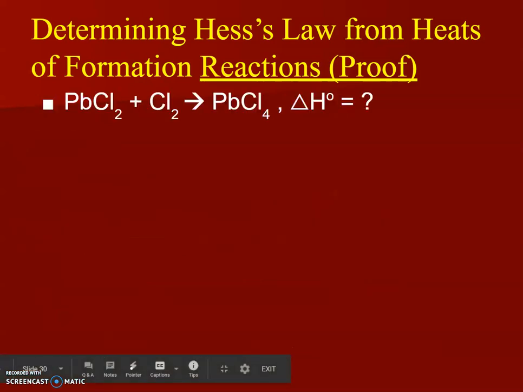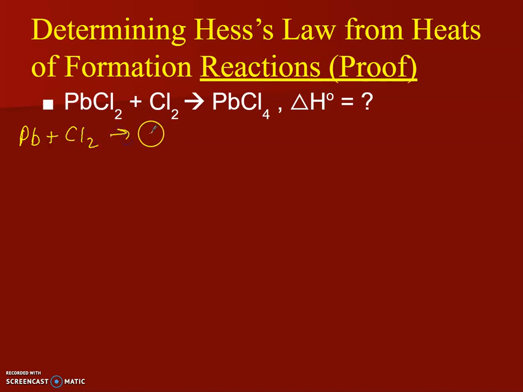All right, so let's do exactly that. PbCl2 and Cl2 make PbCl4. First things first, I'm going to write my heat of formation equation for PbCl2. So that is Pb plus Cl2 makes PbCl2. But I am going to flip this because I am not going to make PbCl2, I am going to break it apart.